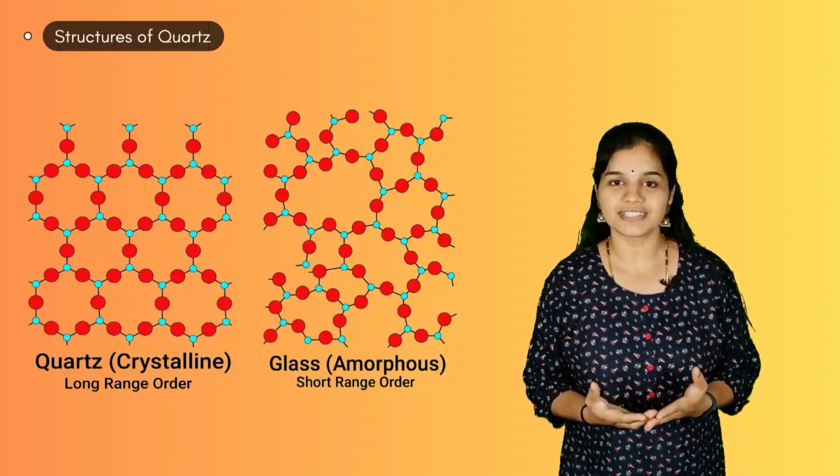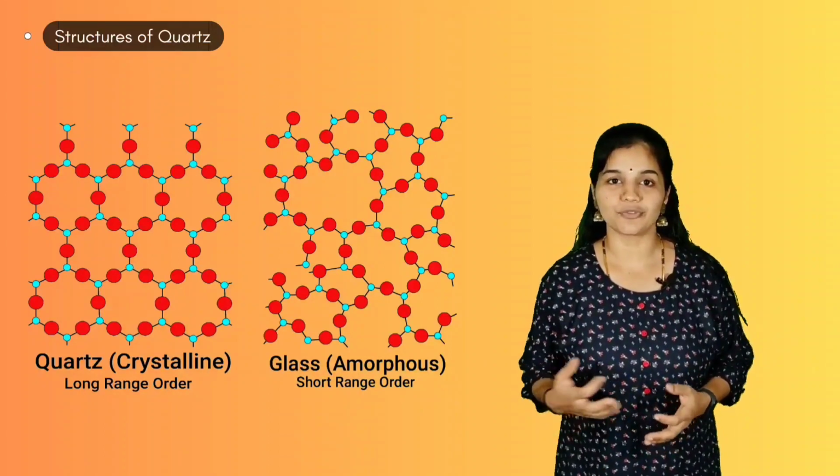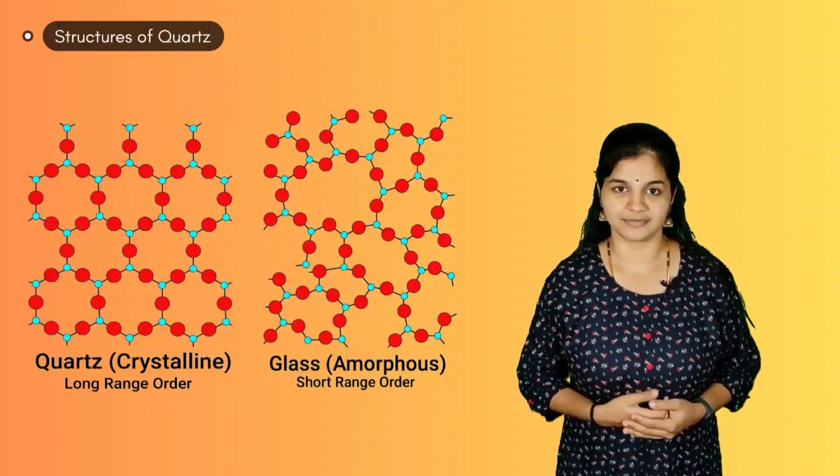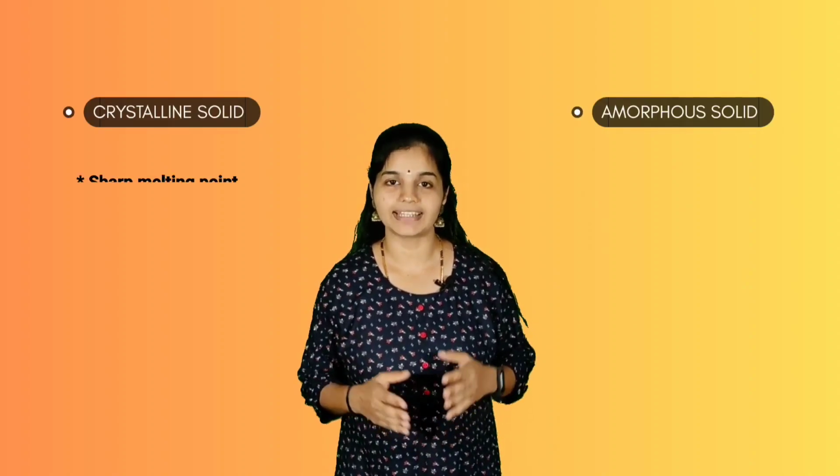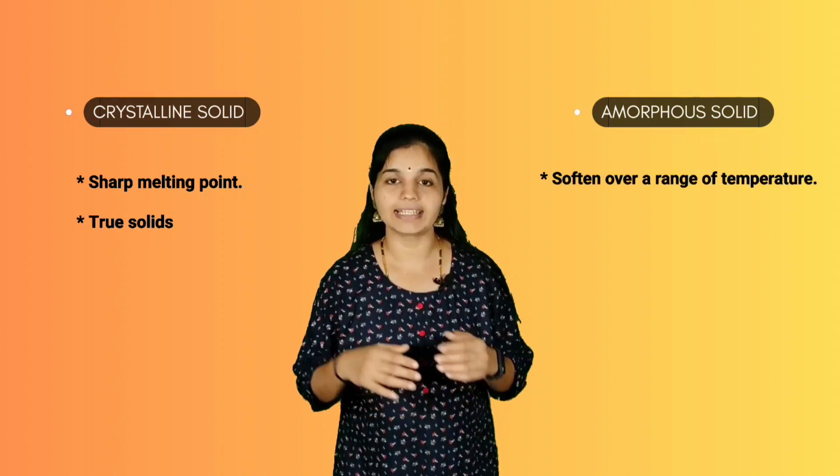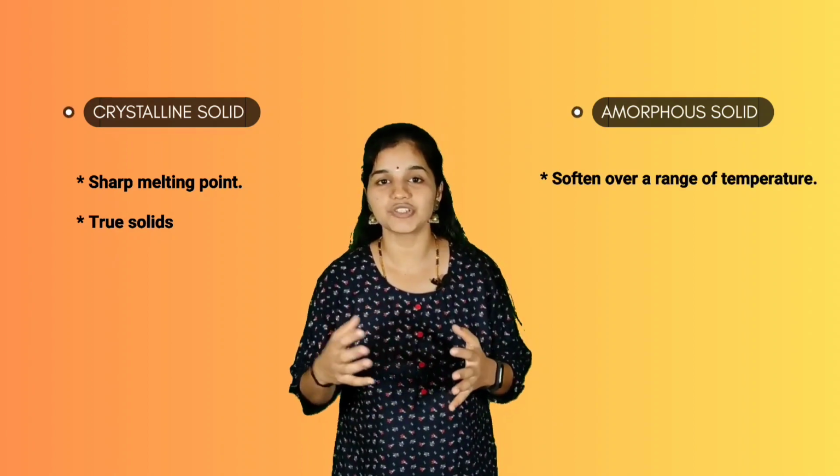So what differences do we observe in the properties of these different solids? Crystalline solids have a sharp melting point and are called true solids. Whereas amorphous solids melt over a range of temperature and can be molded into different shapes as required.